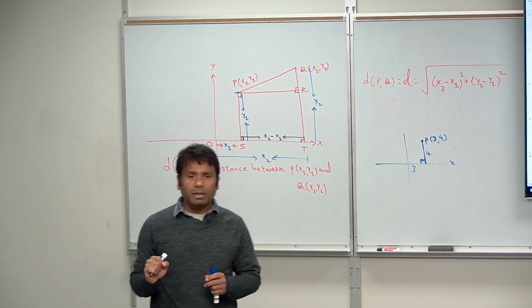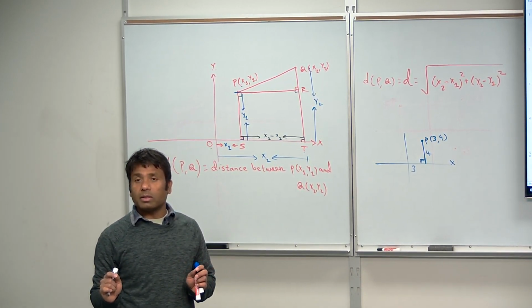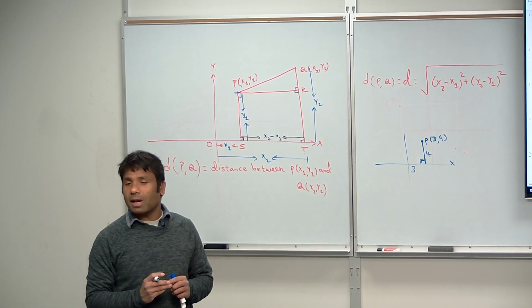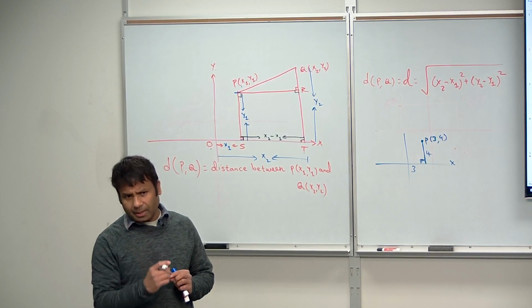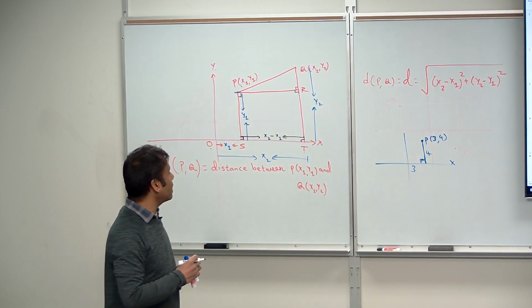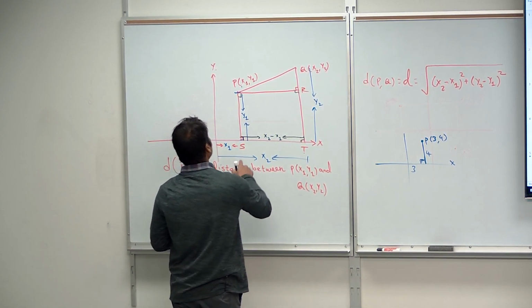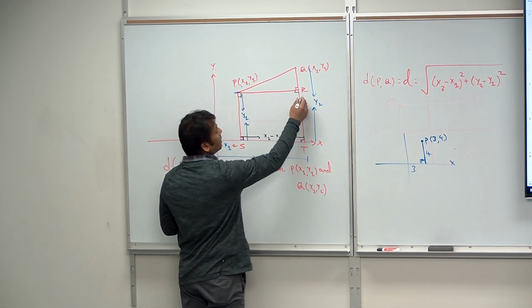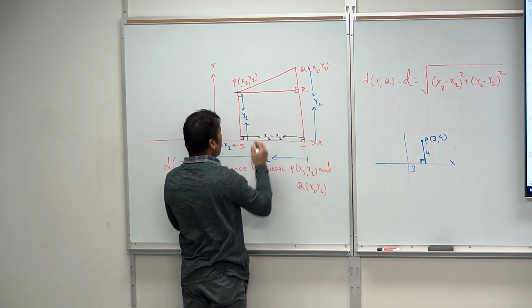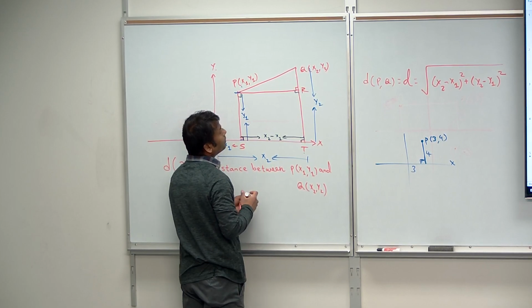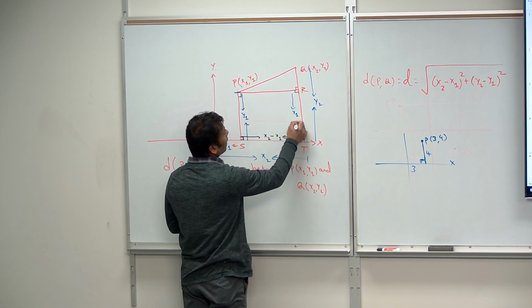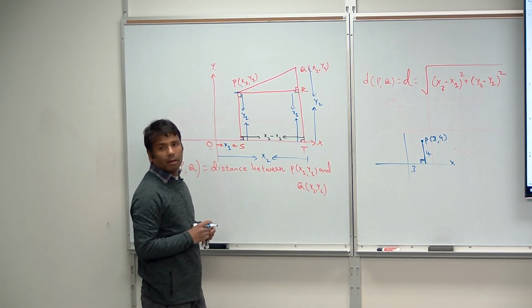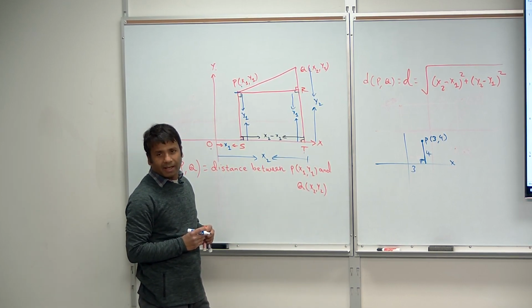This is a rectangle. And you know the opposite sides of rectangles are equal. You know that, right? So if this is y1, then RT must also be y1. You see that?